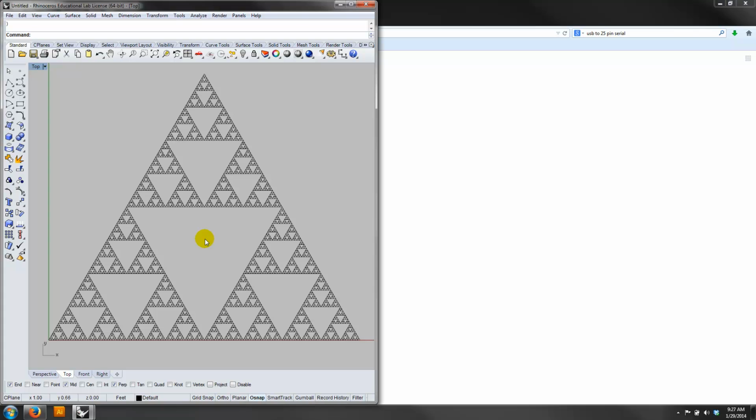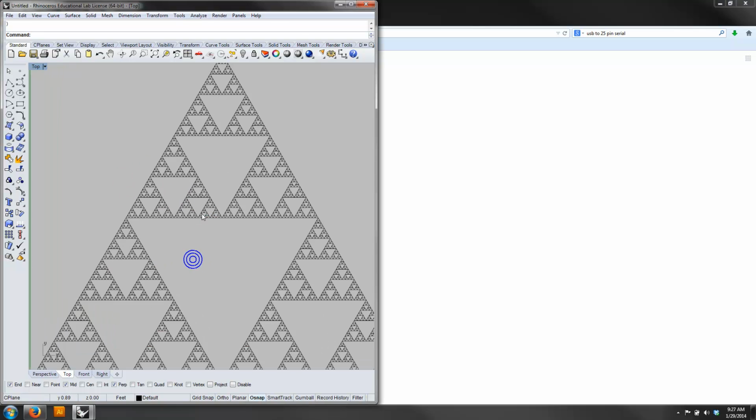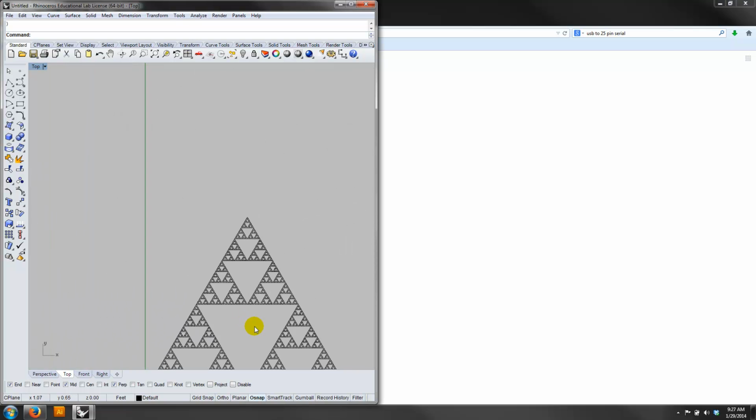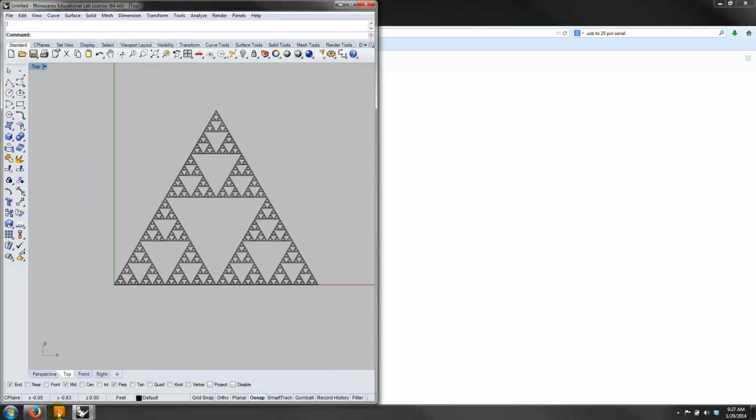Whereas the other one was doing a subtractive operation and then adding lines, this one is more like additive. It's inscribing some geometry within some other geometry. And again, you can see how there's some self-similarity within this form, right? There's a triangle with a triangle inscribed in it, with a triangle inscribed in it, and so on and so forth. And this becomes very self-similar all the way through. So this is a Sierpinski triangle, okay?